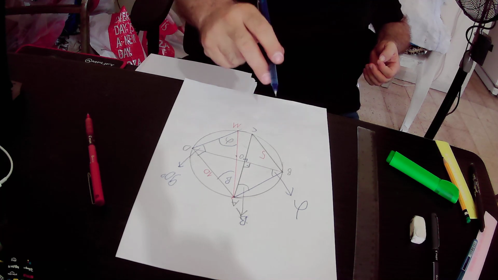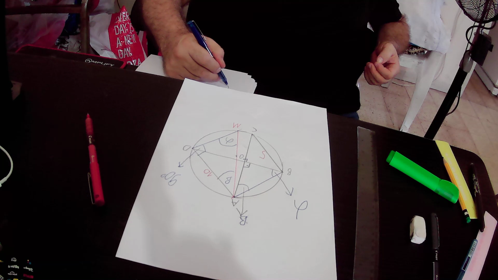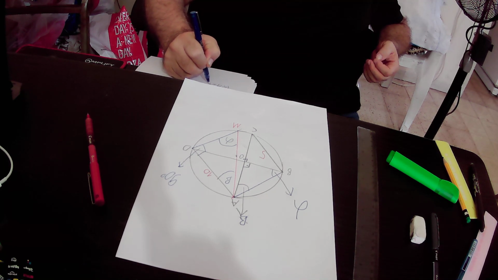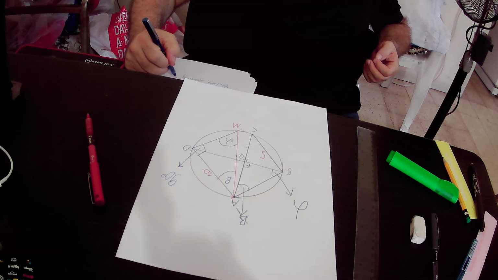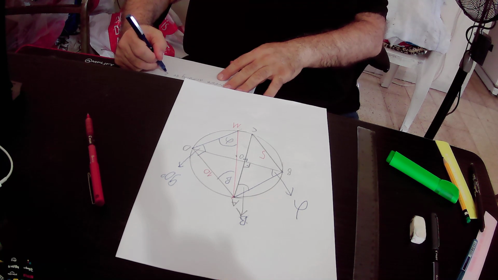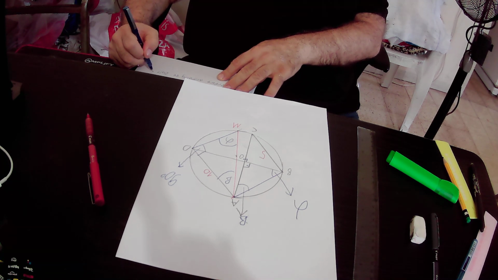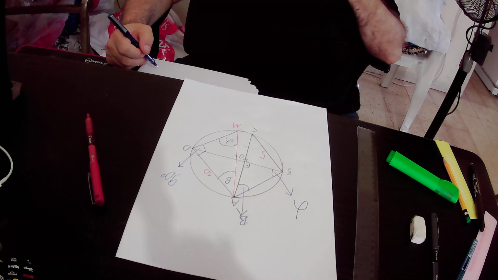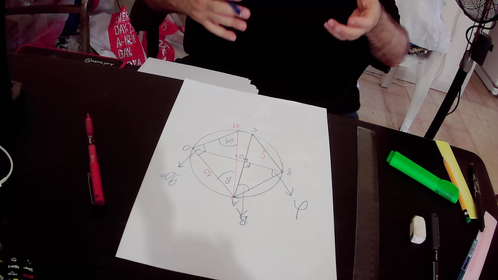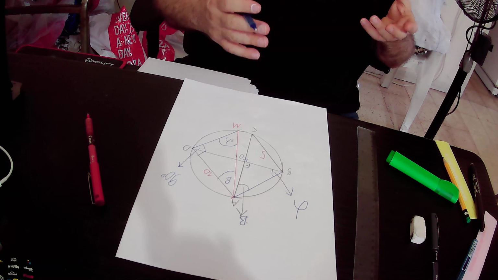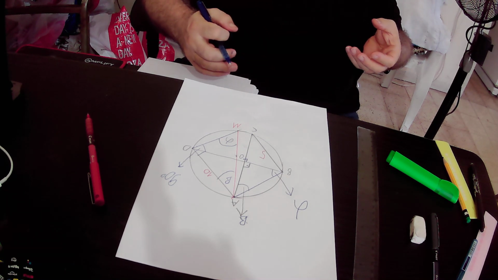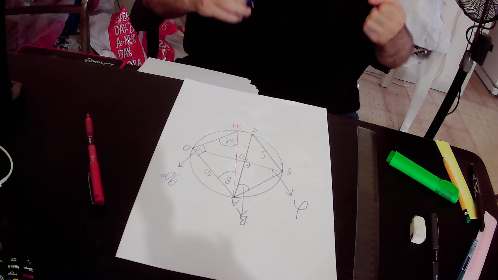Therefore, according to rule number 3, because of the fact that those two angles are equal to each other, both of them equal to beta, they also rest on equal chords.